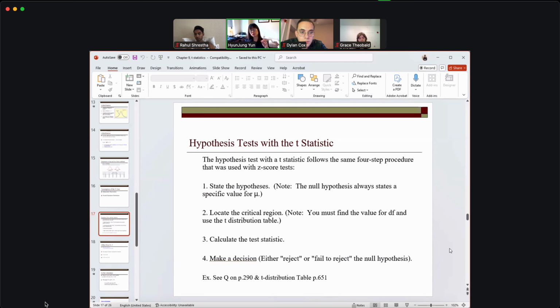Whether it is a z-test or a t-test, as long as your statistic value from your sample is larger than the cutting point from the conventional alpha value of 0.05 or 0.01, or your p-value is smaller than 0.05 or 0.01, it's the same logic to make the decision.